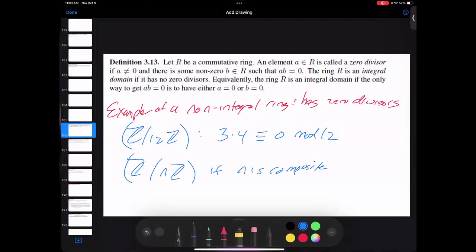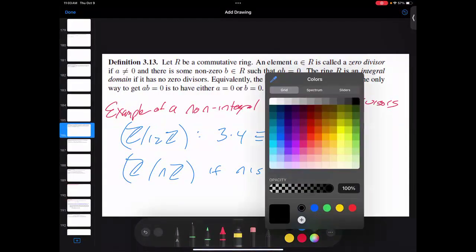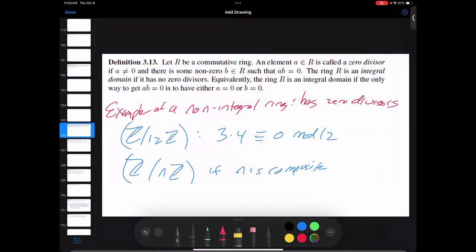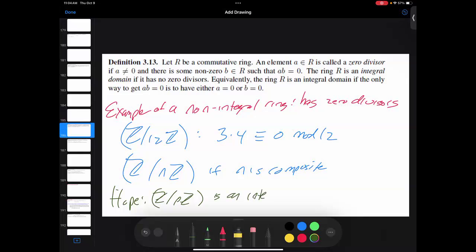And the hope is maybe Z mod PZ is an integral ring if P is prime.